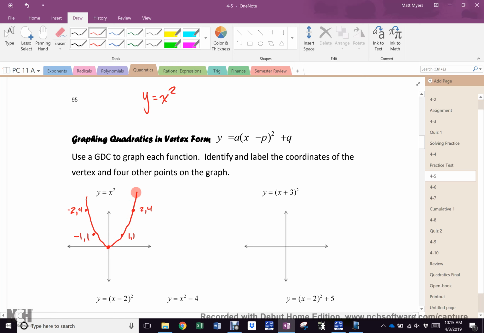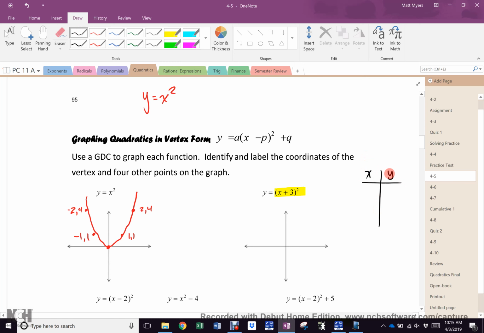Okay. Now, we're going to build on that knowledge. We're going to start here. Everybody cool? Now, if I asked you to graph this, what would you do? You'd make a T-chart, right? And we'd put some points in. We choose the points, don't we?